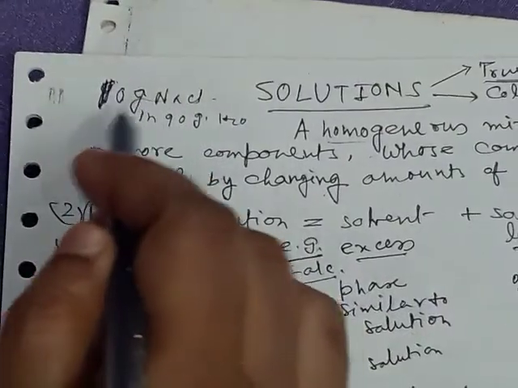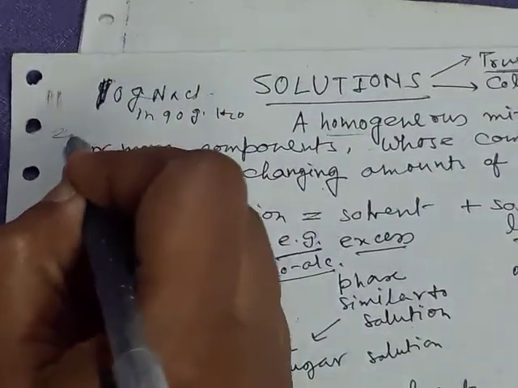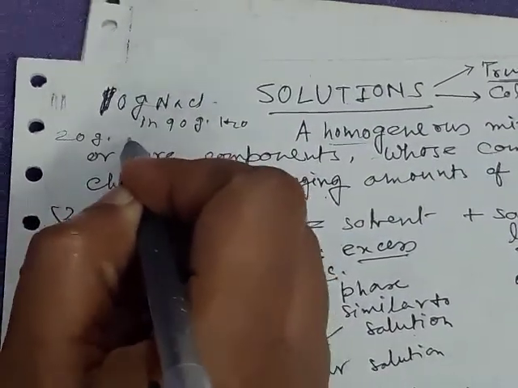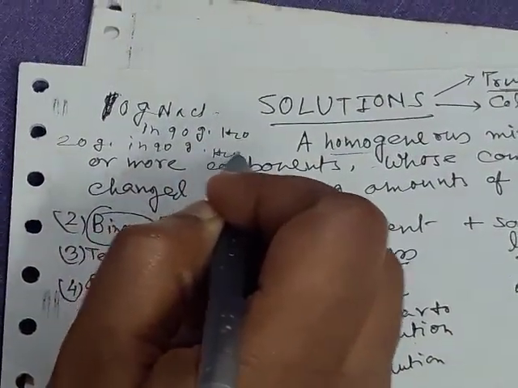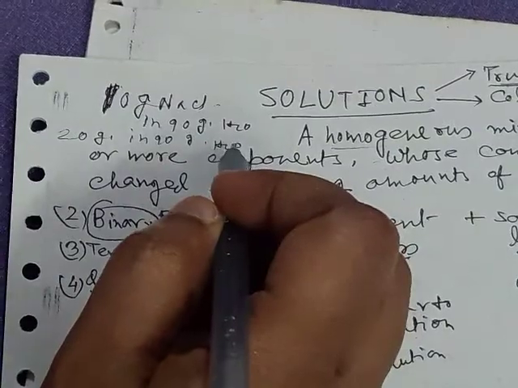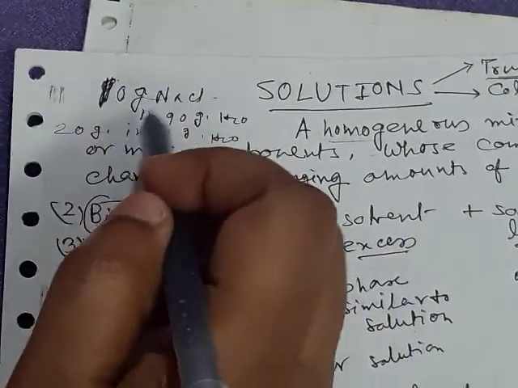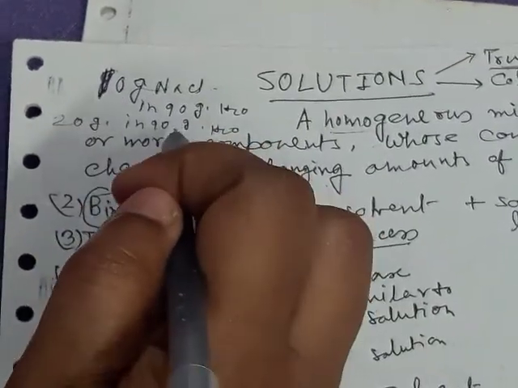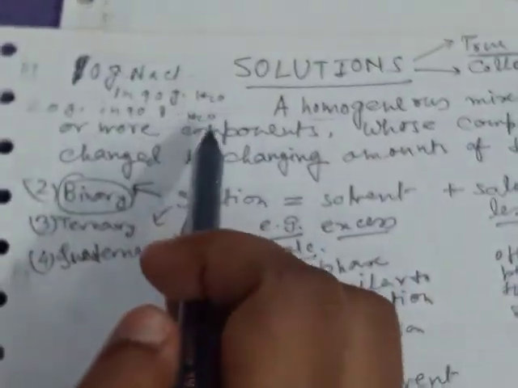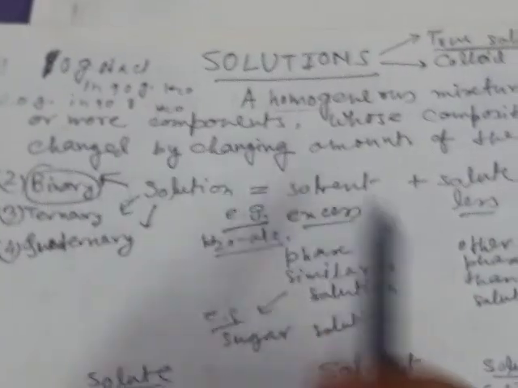Now if we change the amount of NaCl, say 20 gram is dissolved in 90 gram water, then the composition of the solution will be changed. So by changing the amount of the dissolved components, we can change the composition.